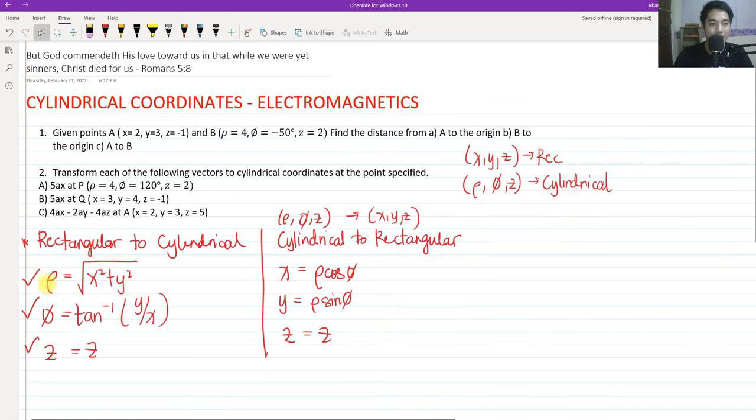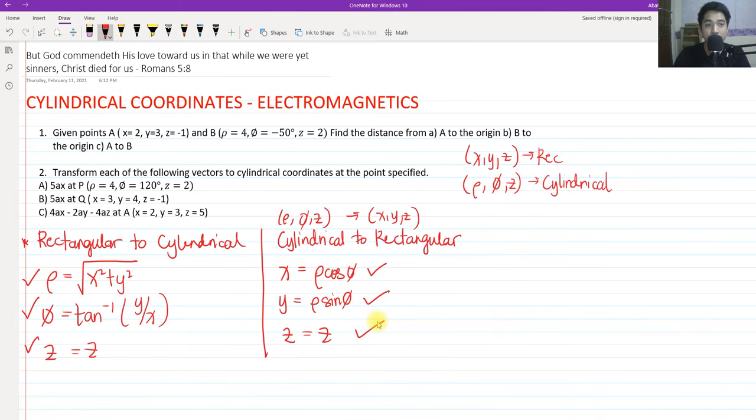This one, just like the notation for density in physics, is called rho, and this is phi. So we have rho cosine of phi for x, and then for y, we have rho sine of phi. And as I said a while ago, the z's are the same.